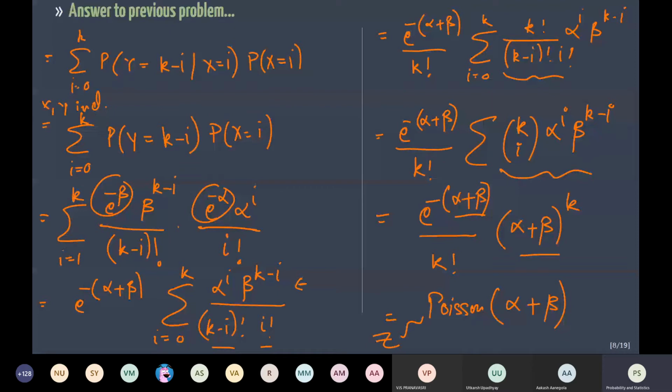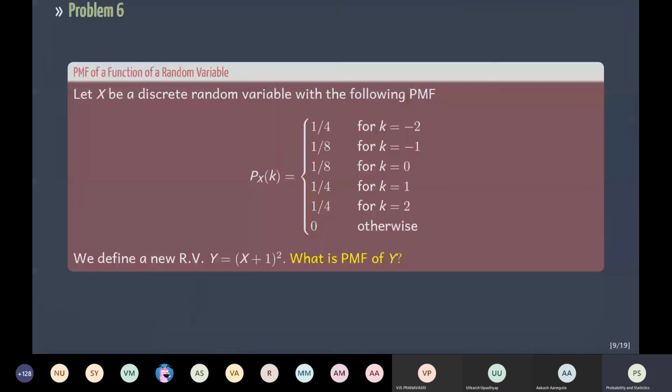Now I have some additional problem here, where we define the random variable Y to be (X plus 1) whole squared. I think I can leave this up to you because this looks rather simple to me.